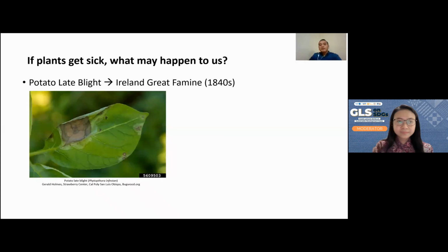This famine is also known as the Irish potato famine, where almost the entire potato crop in Ireland at that time was infected and destroyed by a pathogen called Phytophthora infestans that causes a disease called potato late blight. So this plant disease led to mass starvation in Ireland at that time.